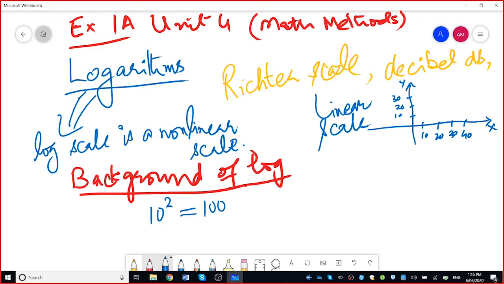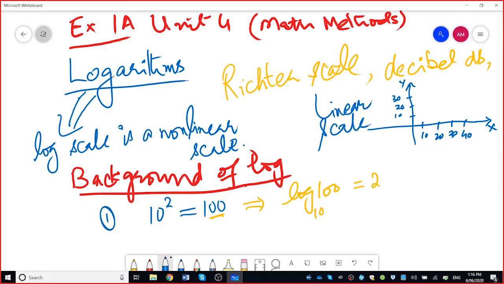So you say log of 100 to the base 10 is 2. If you don't understand, no worries. I would give a few more examples and then it would be clear.